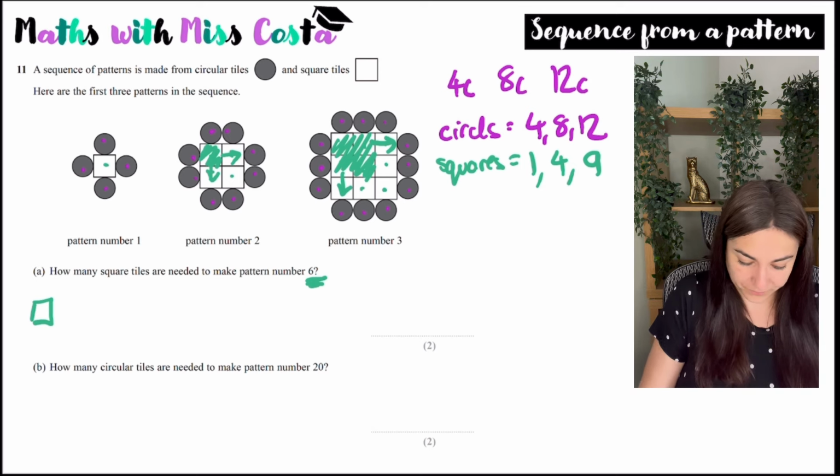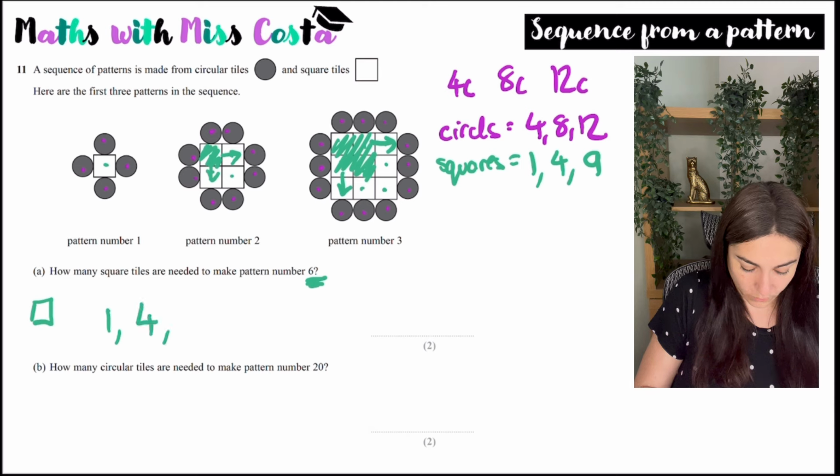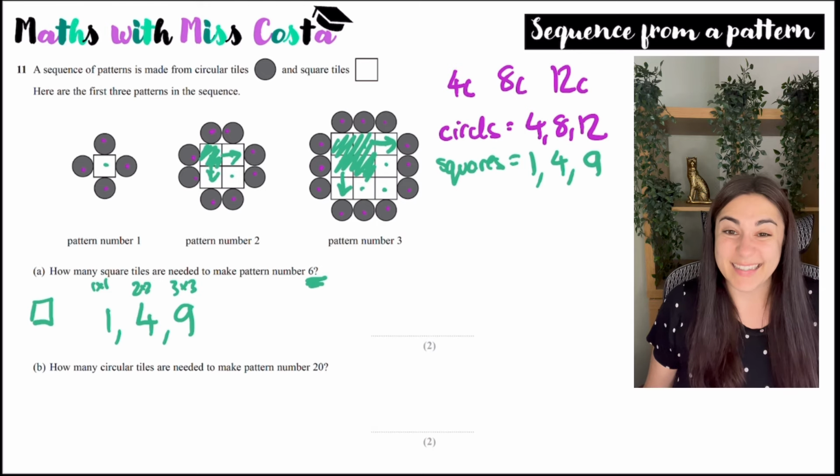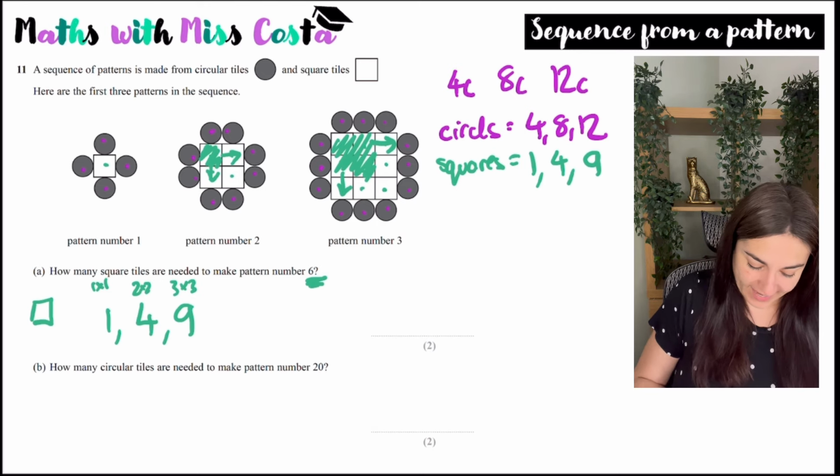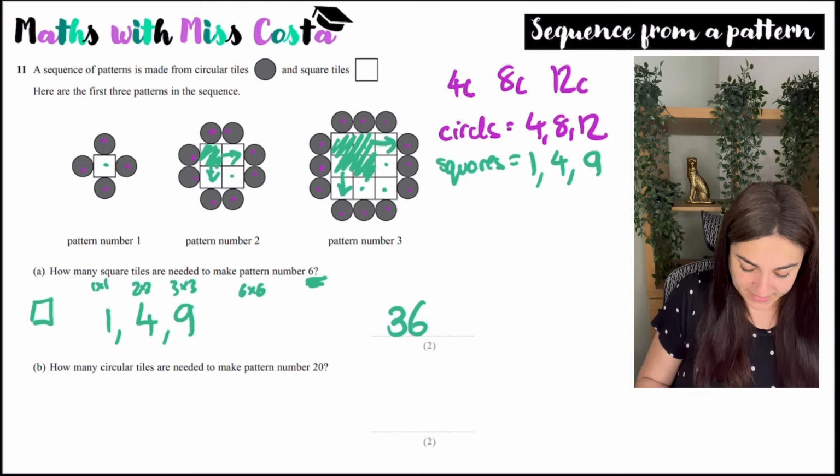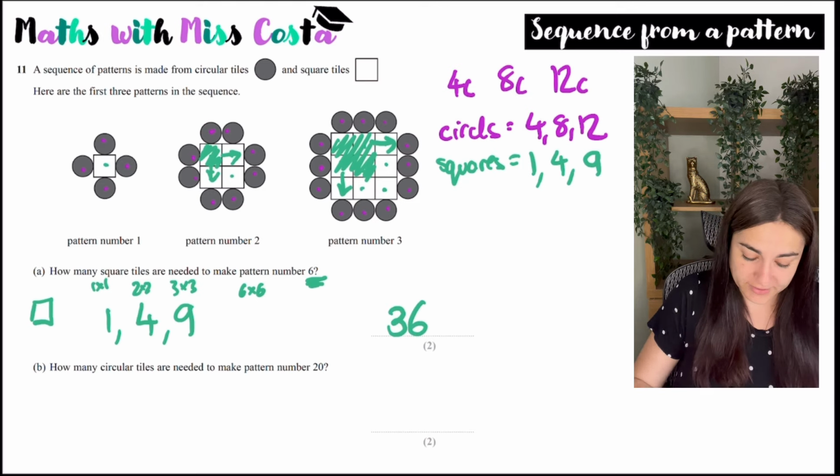So 1, 4, 9, you know, 1 times 1 is 1, 2 times 2 is 4, 3 times 3 is 9. So you may have recognised that, and therefore pattern number 6 would be 6 times 6, which is 36. If not, you can just draw it out. It will just take a little bit more time.